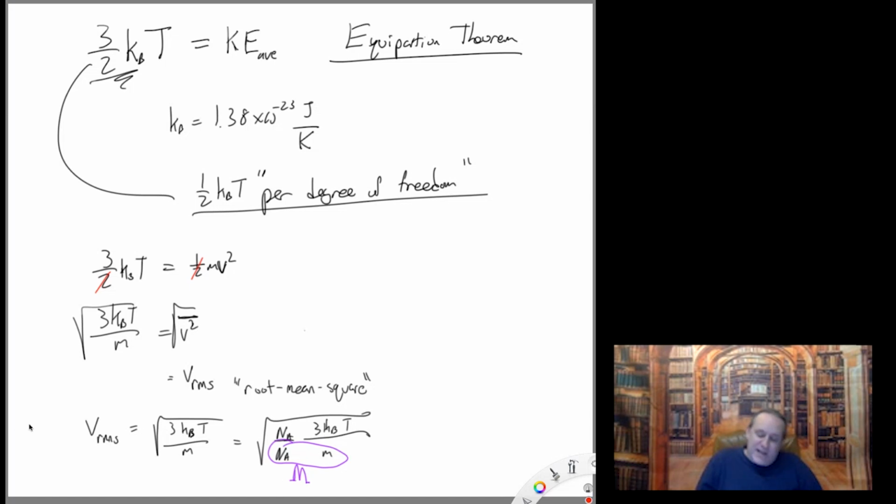On the other hand, Avogadro's number times the Boltzmann constant happens to be the ideal gas constant. So we can rewrite this formula as 3 times the ideal gas constant R times T over the molar mass. It's going to give you the same number either way, but if we use this form, we can generally look up the molar mass more easily.